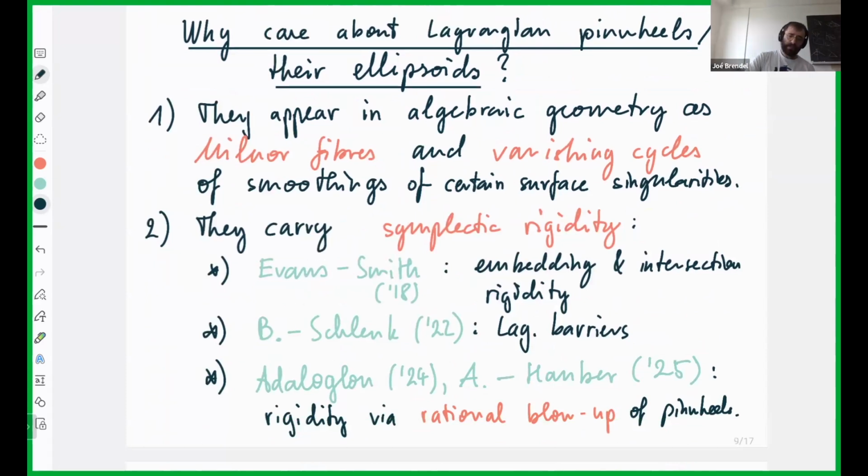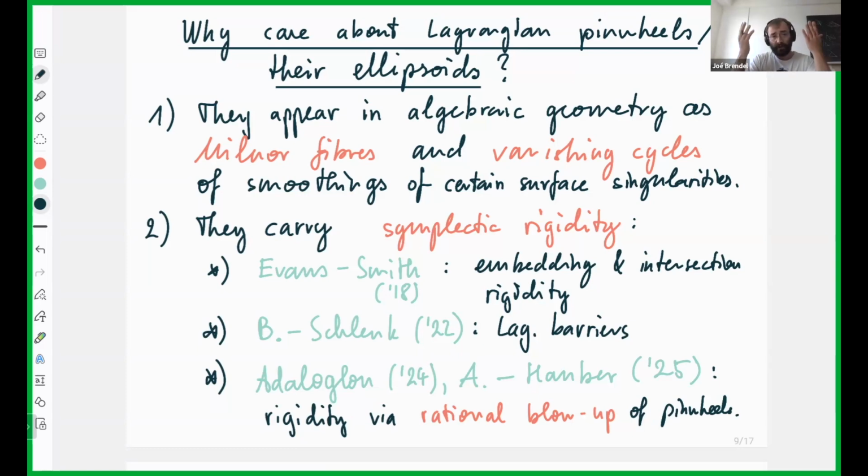And since a while back, people have noticed that these have actually interesting symplectic rigidity properties. Namely, I think the first paper in that direction is due to Evans and Smith, who proved that only certain Lagrangian pinwheels can be embedded into CP2, namely those corresponding to a Markov number.